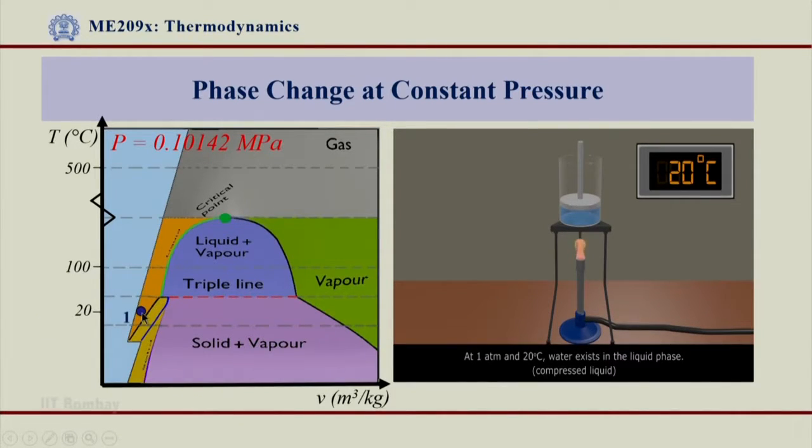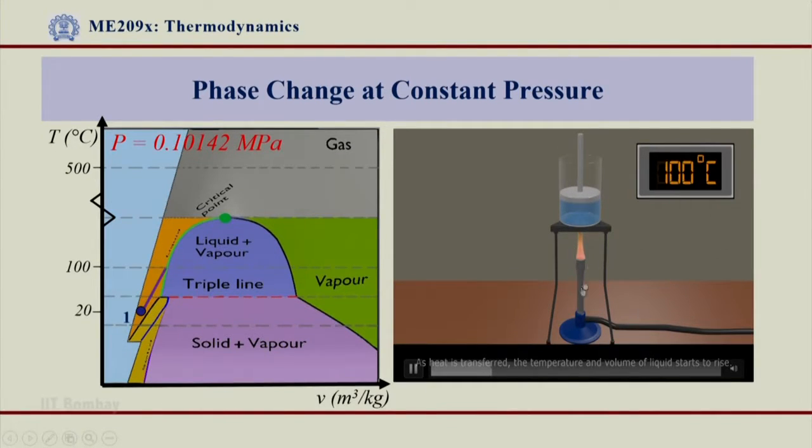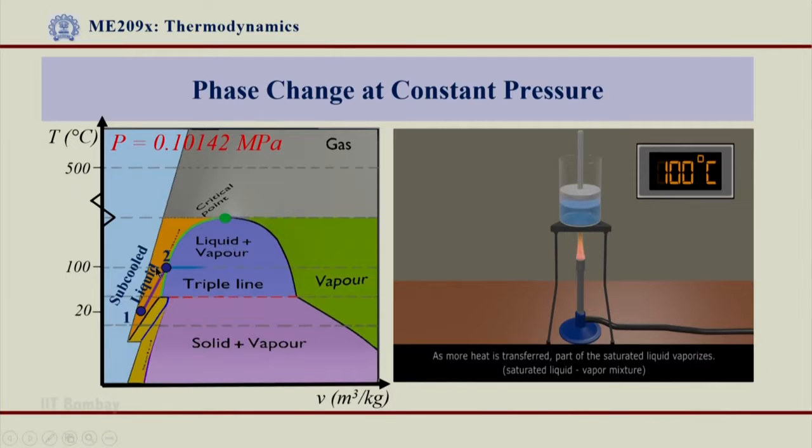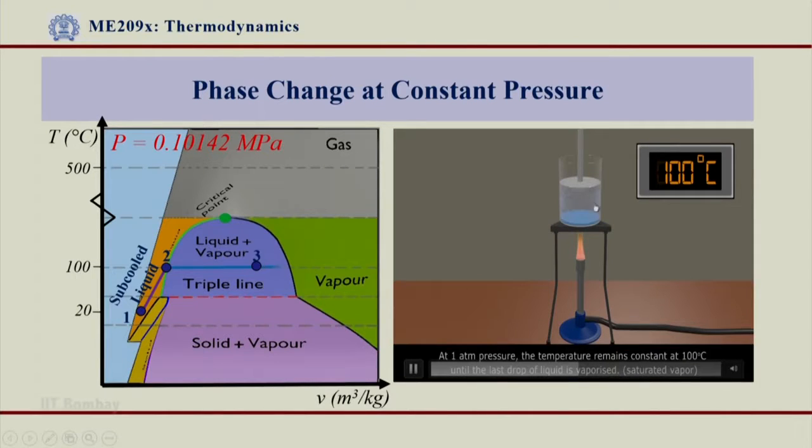So you can see this is my point 1, which is the initial position, and I have started heating this water. This is the flame that is coming over here, and you can see this water, right. Now you can see that it has reached point 2, and this is the phase change at constant temperature, which is 100 degrees centigrade, and you can see this piston is going up now in order to maintain the same pressure.